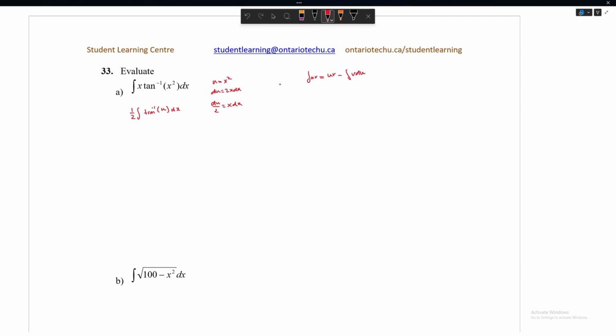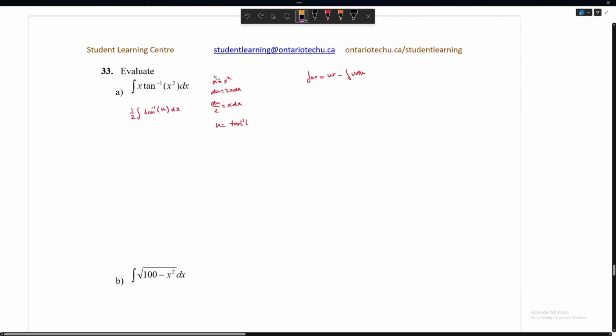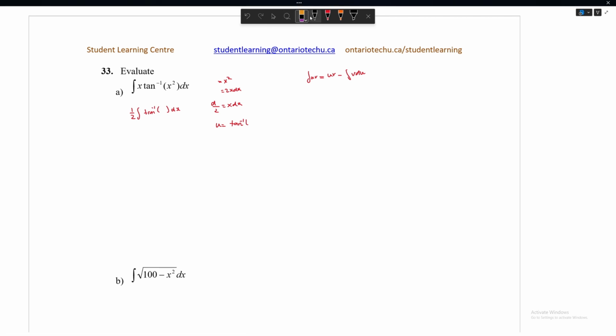Obviously my u is going to be my tan inverse. So u equals tan inverse of x, or actually w. Let's change this to w dw, because we only take w's.